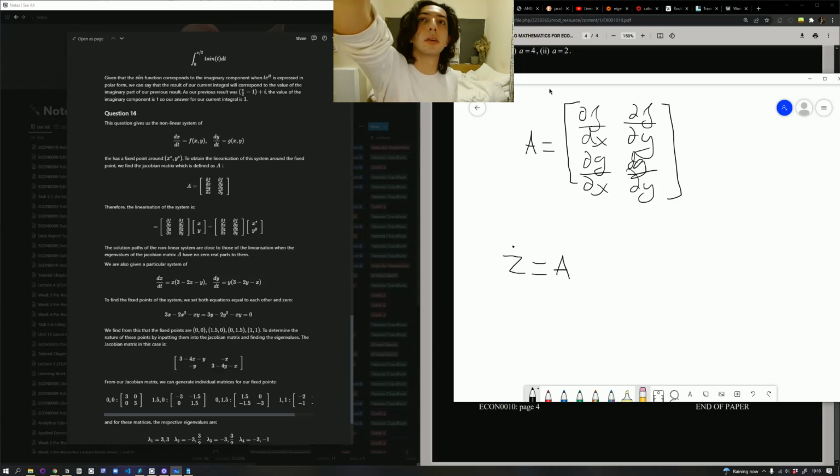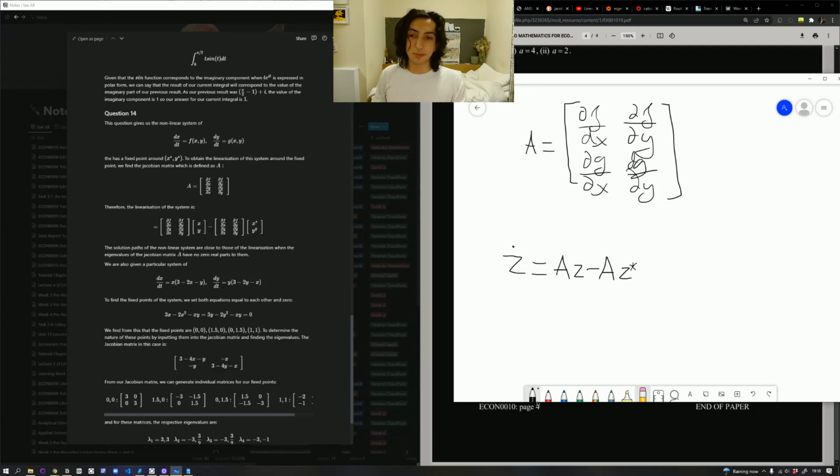Let me check. It's somewhere in my book. Is it somewhere here? Oh well, my books are falling down. But yeah, hold on, let me show. So we essentially get Az minus Az star, and we call this that.